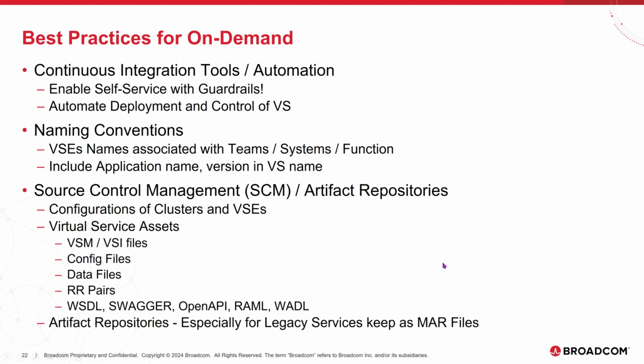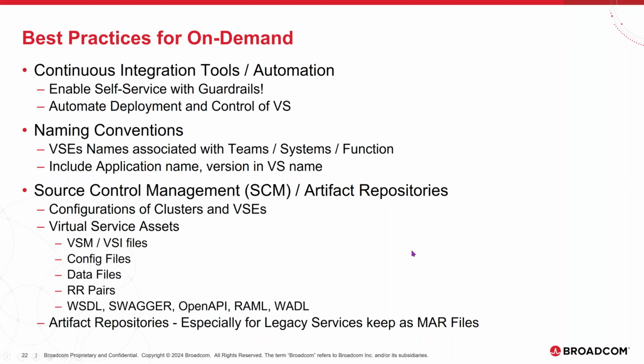Naming conventions. You notice that we had a naming convention for that virtual service environment. It was a 4-part naming convention, and they're great because that helps you identify who's using what. VSE names should maybe have teams, systems, or functions, and a number if you've got more than one for that team, system, or function.